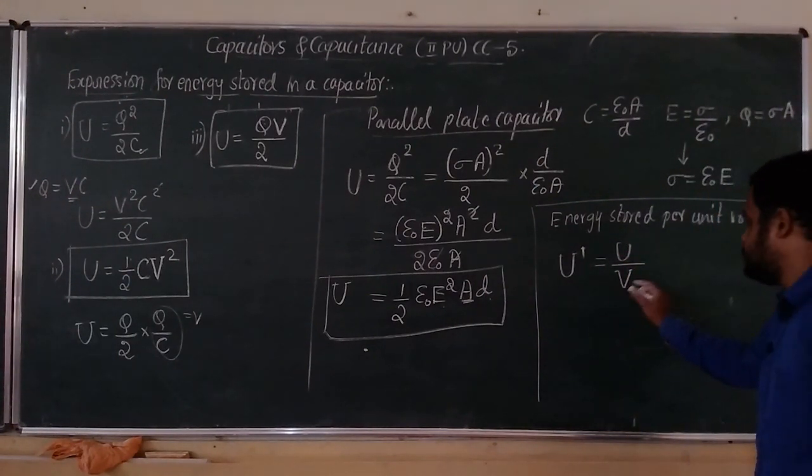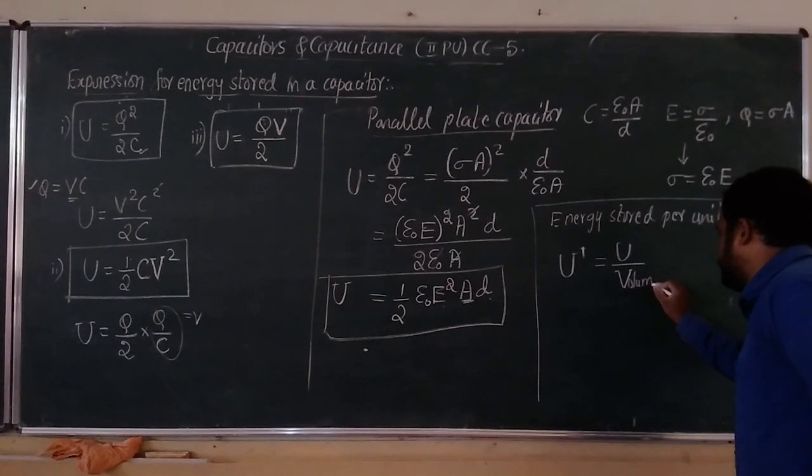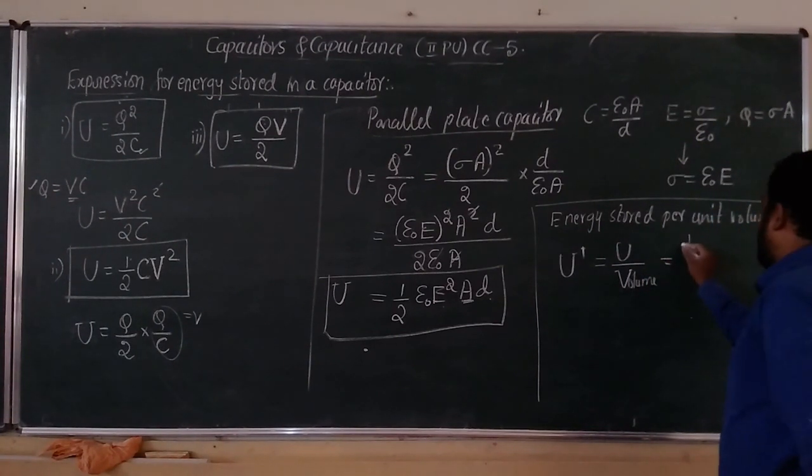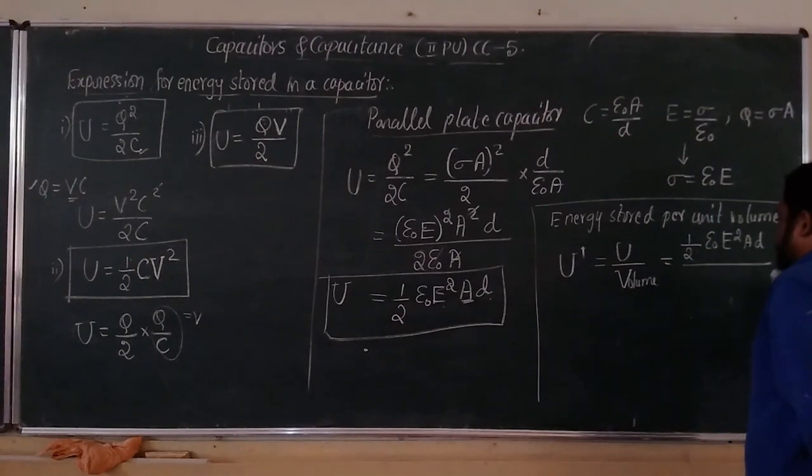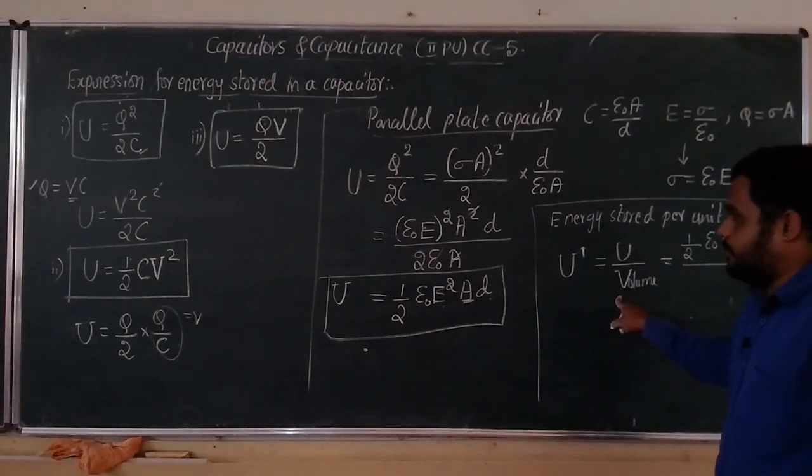It is not potential difference, it is volume. So U divided by volume is equal to half into epsilon naught E square into A into D divided by volume of the capacitor.